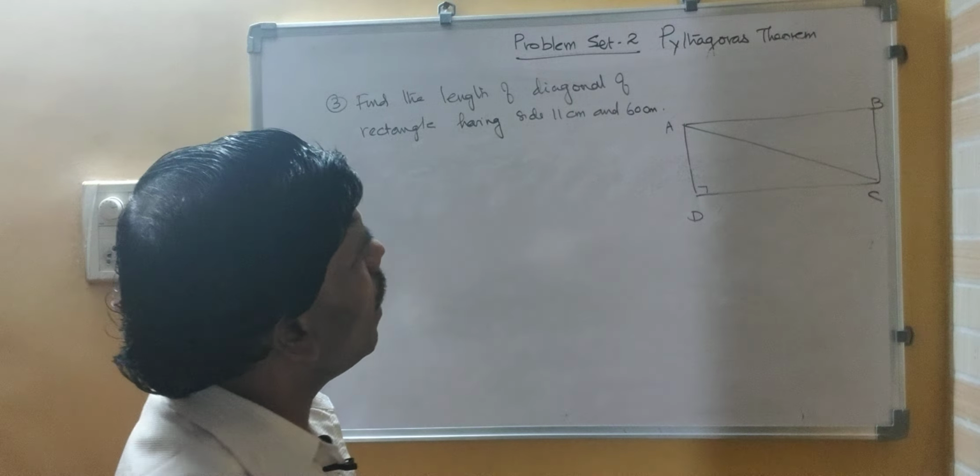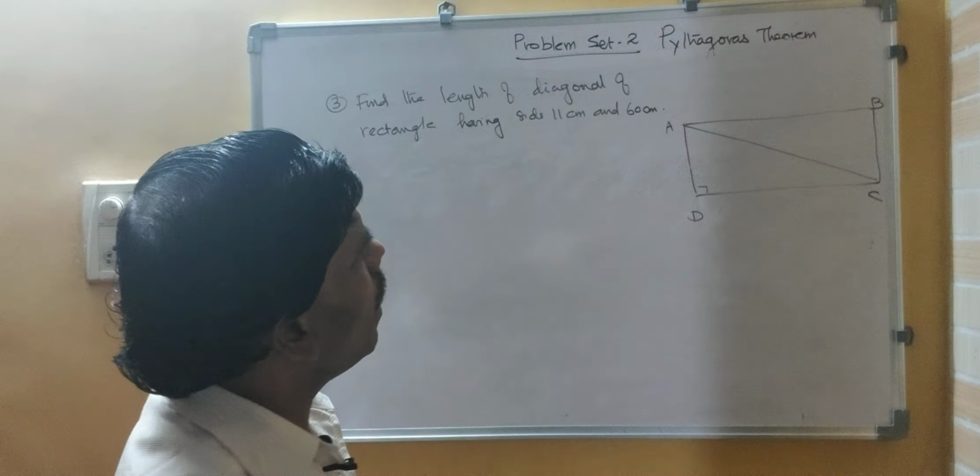Therefore, which theorem you will use? Pythagoras theorem as usual. AC square, hypotenuse square, equal to AB square plus BC square, is equal to 9 square plus 12 square, 81 plus 144 equal to 225. Therefore, AC equal to square root of 225 equal to 15.